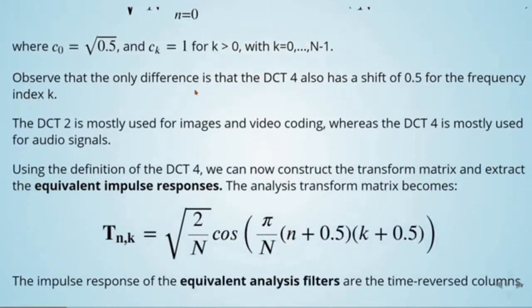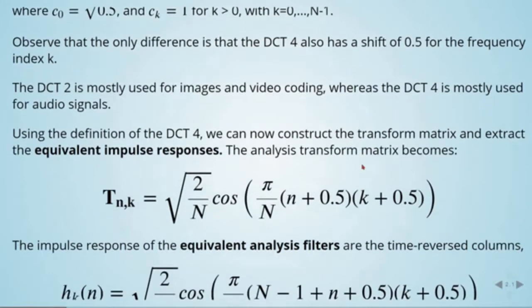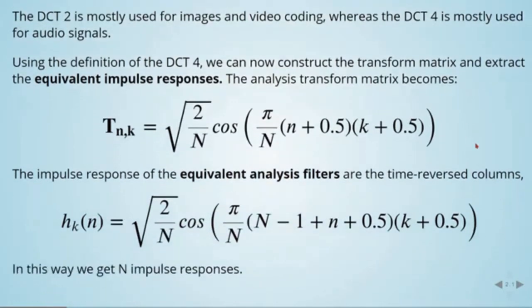So using the definition of the DCT4, we can now construct the transform matrix and extract the equivalent impulse responses. The analysis transform matrix becomes this here. The impulse responses of the equivalent analysis filters are the time reversed columns.